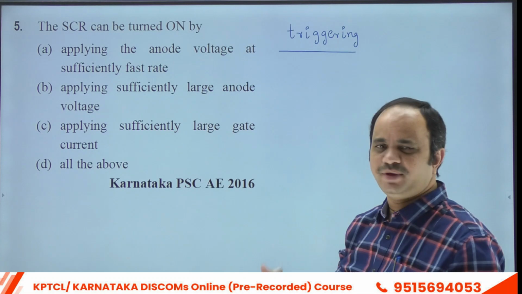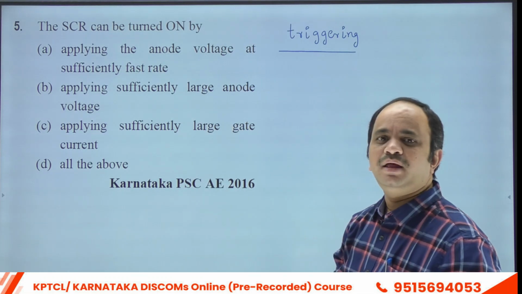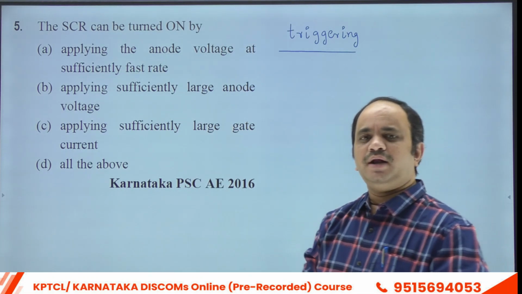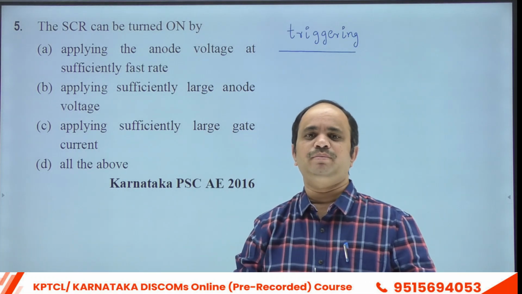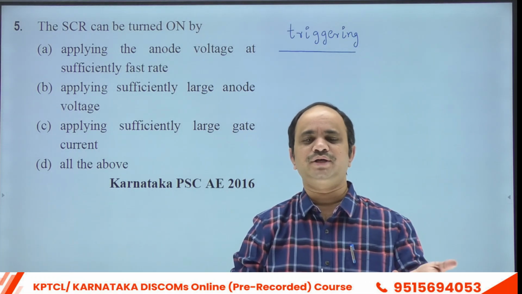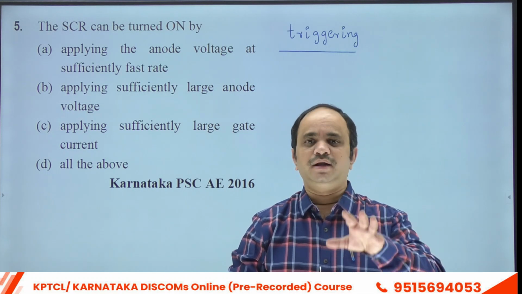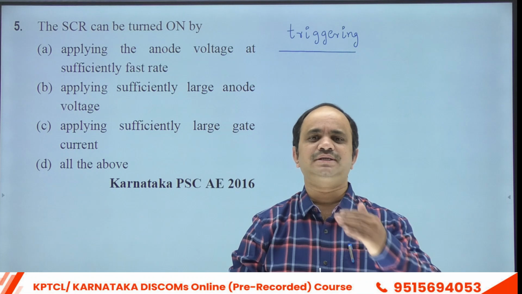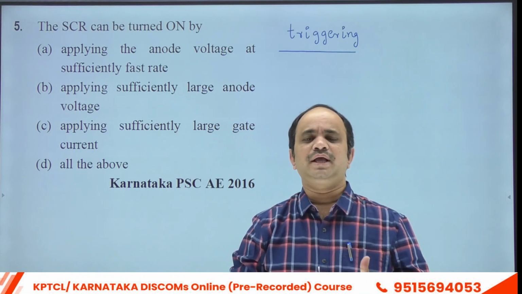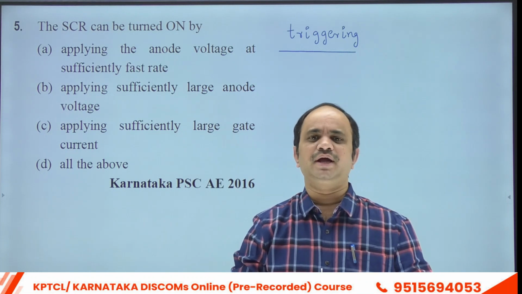First condition is the SCR should be forward biased. What do you mean by that? Anode voltage should be more positive than cathode voltage. Under that condition, if we supply suitable gate current, then SCR will get turned on.